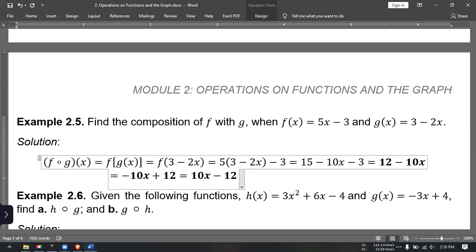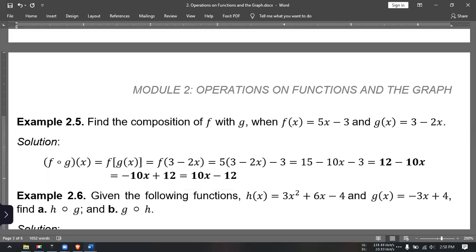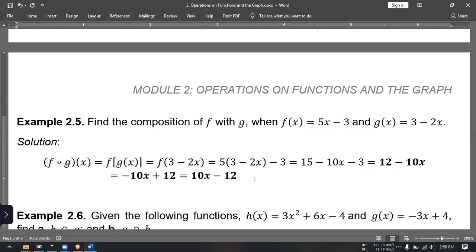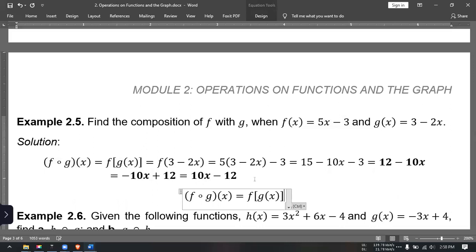Okay. Now, try natin baliktad, no? Let's try to find the other way around. Yung same solution lang yung makukuha natin. Let's try g circle f, or g of f of x.